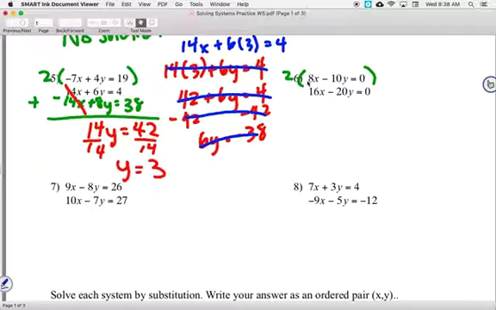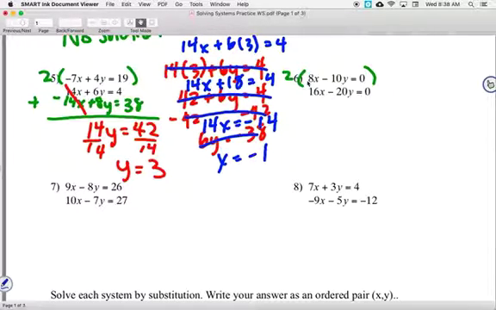Okay, so 6 times 3 is 18, so I really get 14x plus 18 equals 4. And now I'm going to subtract the 18. So I get 14x equals negative 14, and now this makes more sense. And then I'm lastly going to divide by 14, so I get x is equal to negative 1.